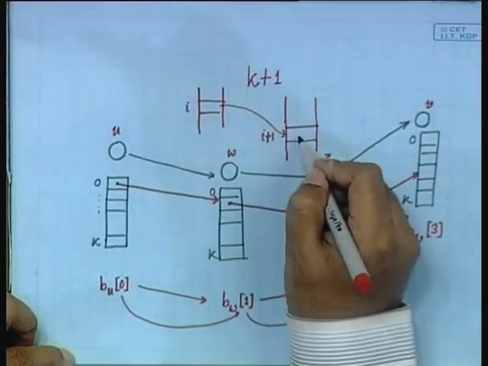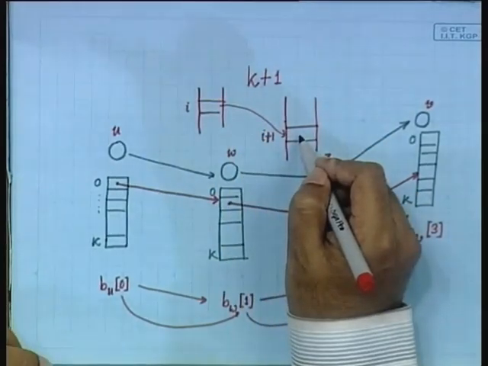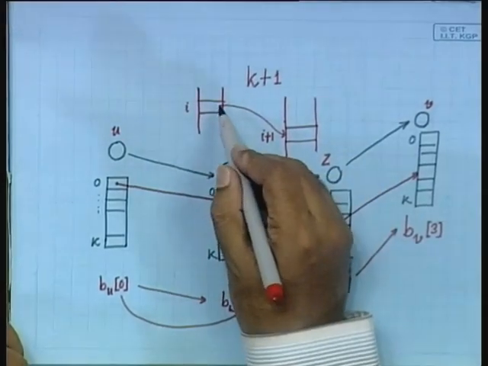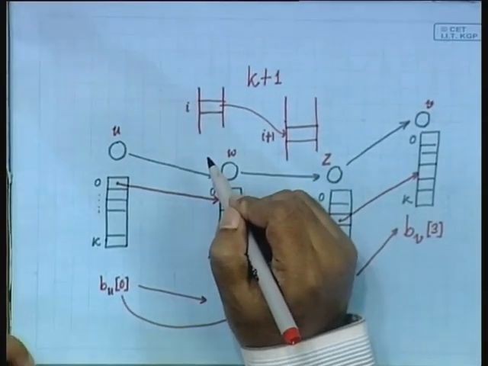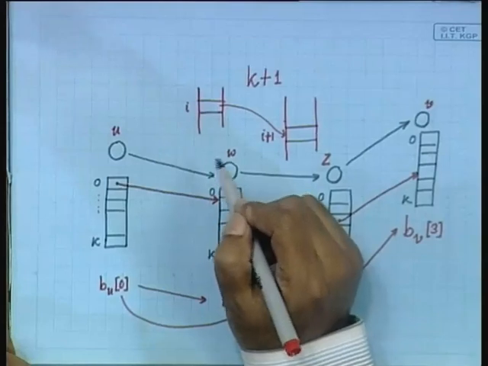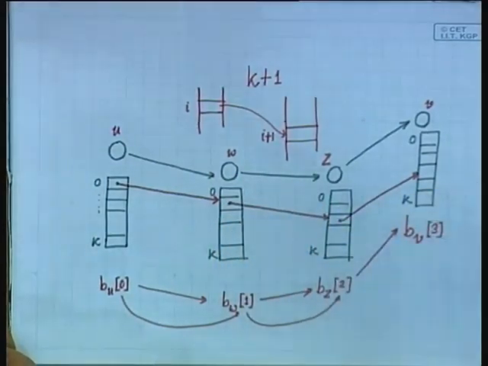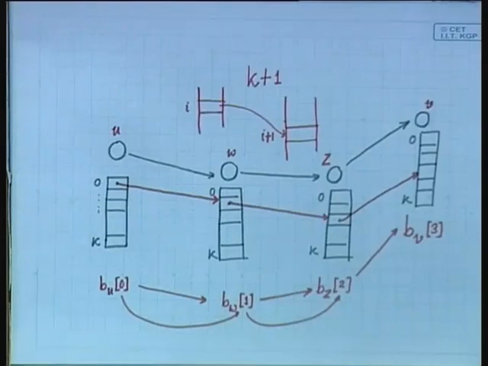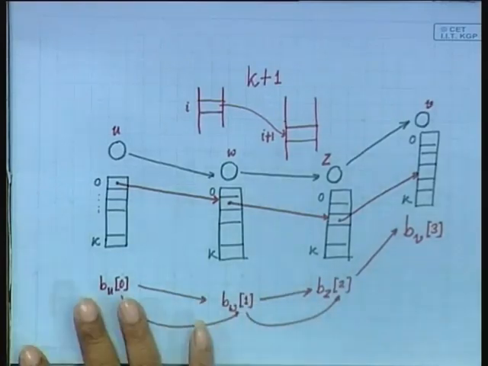So, it can wait for buffer i plus 1, but can buffer i plus 1 ever wait for buffer i to clear? No, because packets are always put into buffers of higher index in the next node, higher by 1. So, a cyclic wait can never happen, because a packet sitting in a higher indexed buffer can never wait for a lower index buffer. By that we ensure that there cannot be any deadlock.